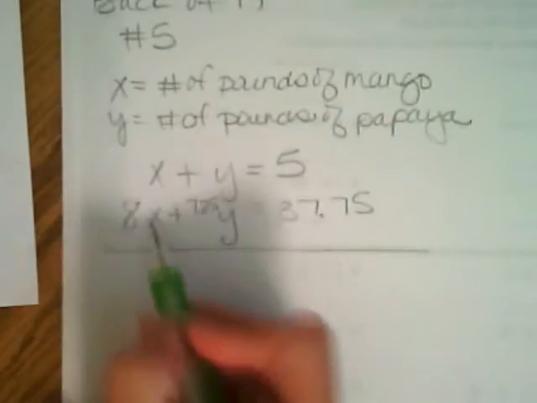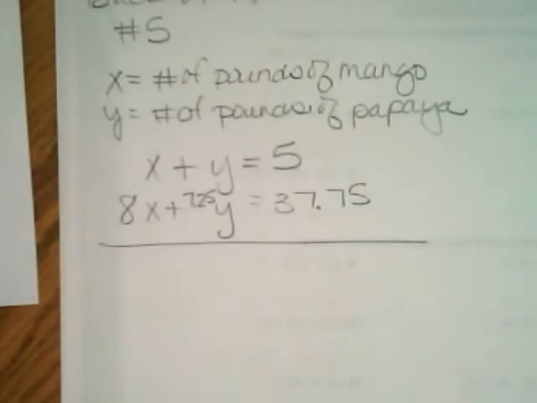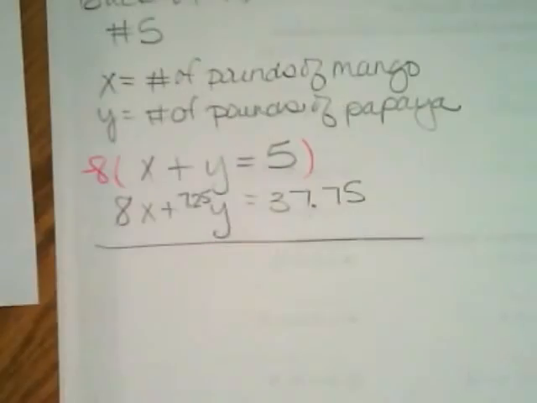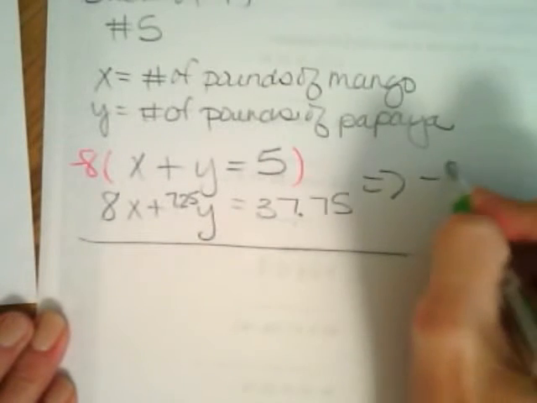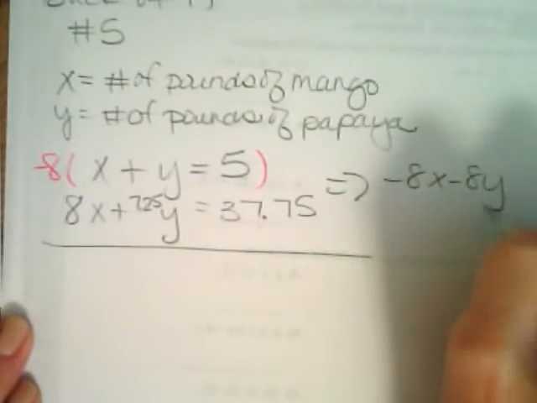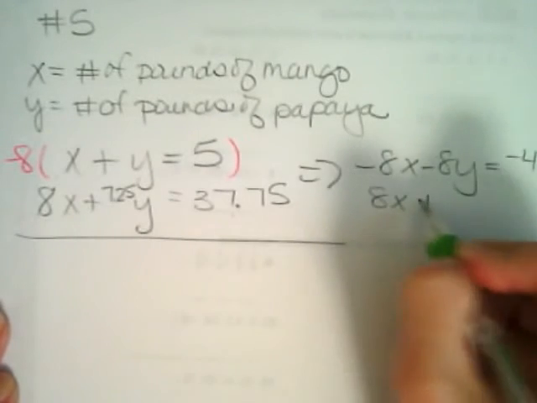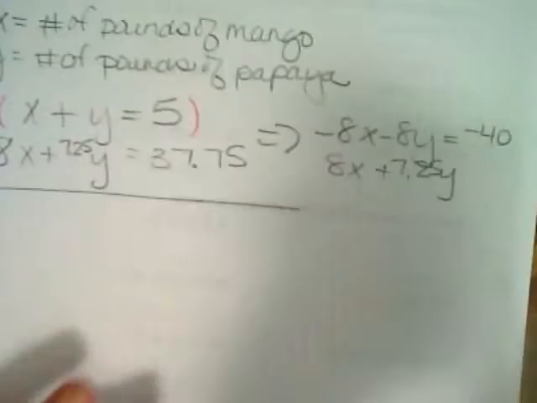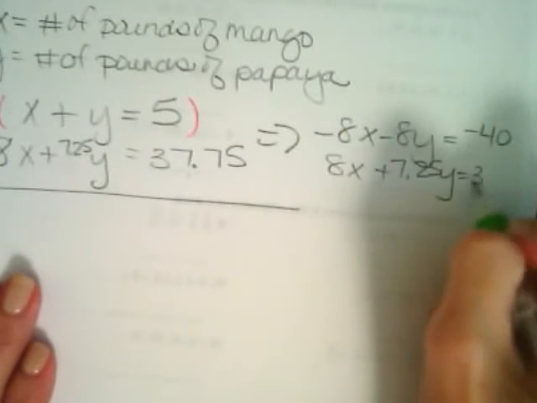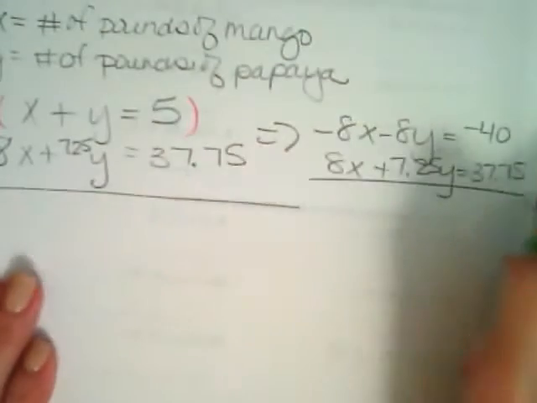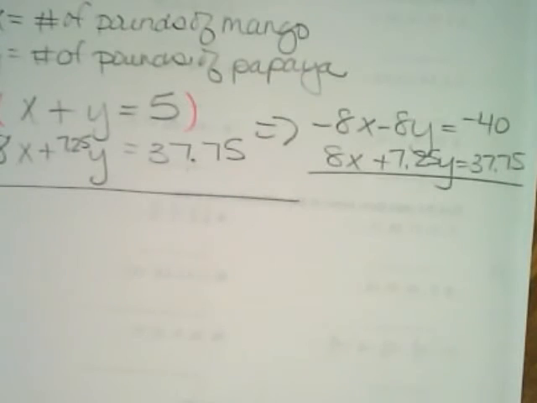The easiest would be to get rid of x. So I'm going to multiply the top one by -8. That gives me -8x minus 8y is equal to -40. Then 8x plus 7.25y is equal to 37.75. Remember, you can use a calculator.